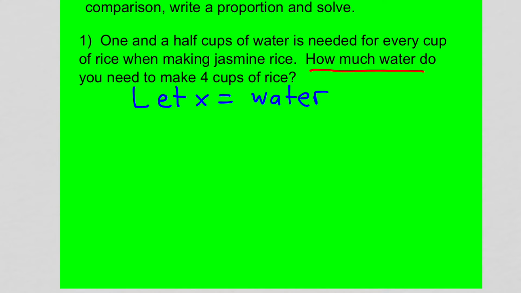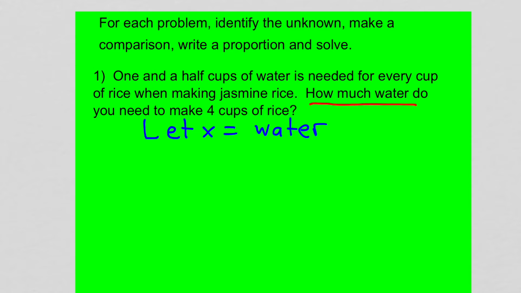Now we're going to make a comparison. The comparison I want to make is in words. We want to know what we're comparing. In this problem, we're comparing water and rice. So let's compare water to rice. Now, we're going to make a proportion, or two equivalent ratios, that compare water and rice.